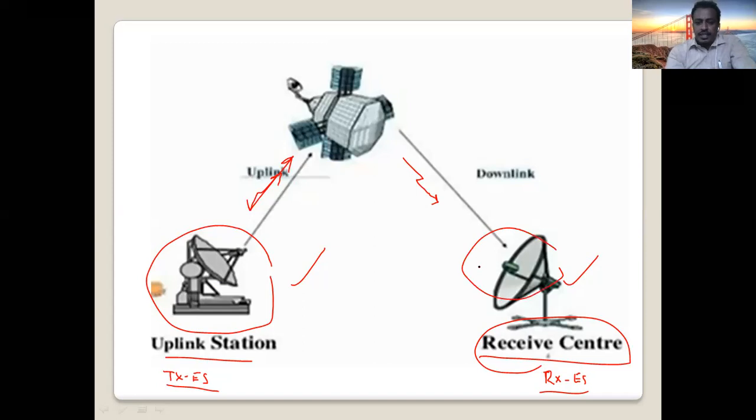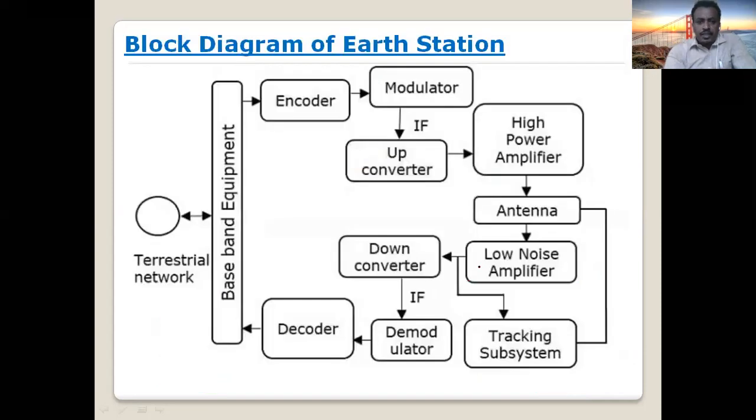But in many cases, an Earth station can transmit and receive simultaneously. We can use one Earth station for transmitting and receiving information from the satellites. In this case, the satellite Earth station has 4 subsystems.